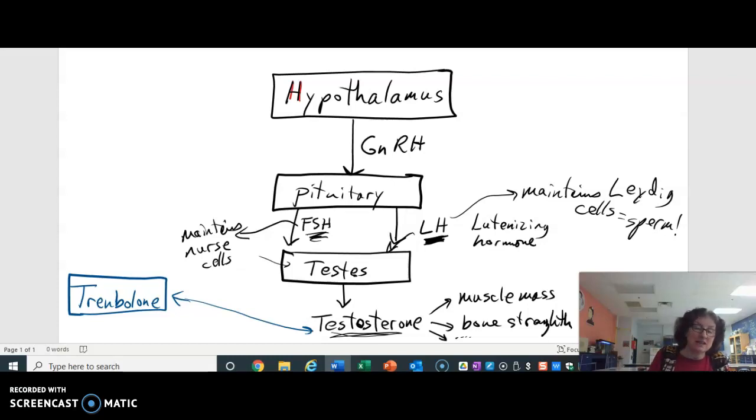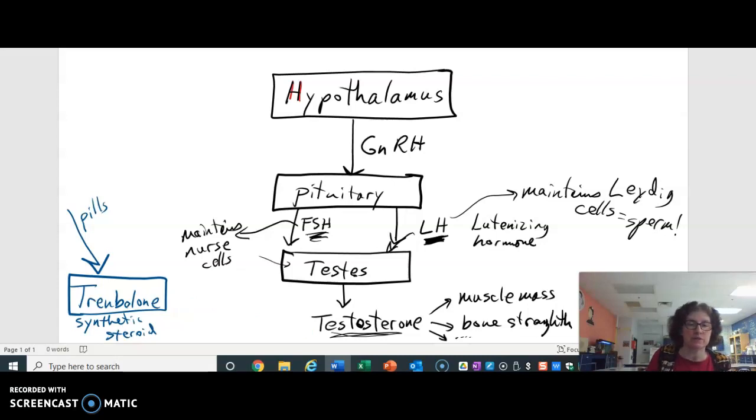So this is a synthetic steroid, right? A man-made synthetic steroid, which you take externally, pills, injections, I'm not sure what, but you take artificially, right? And it goes into the bloodstream.